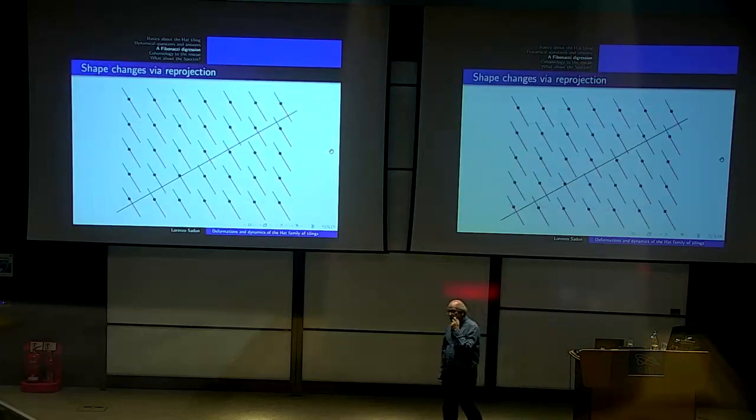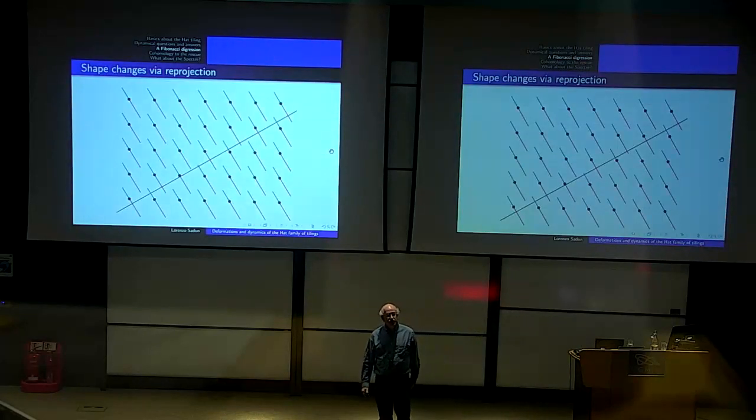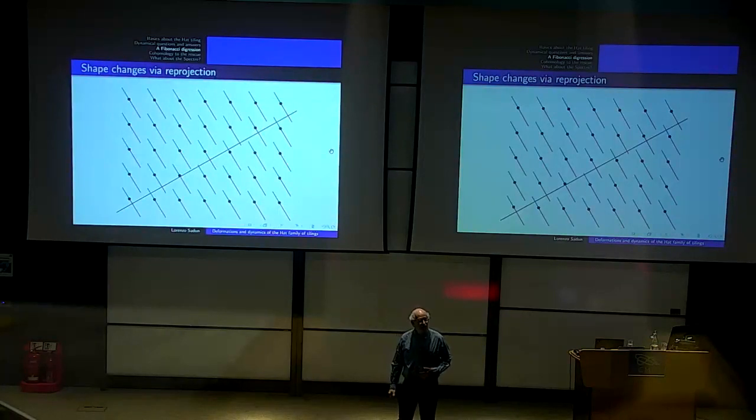Okay. You can also see the same thing by reprojection. One way to get the Fibonacci tiling is by a cut and project scheme. You take a lattice in a higher dimensional space, and you take a strip, all the ones whose antennas reach your line of physical space. And then the ones that are close enough, you project onto physical space.